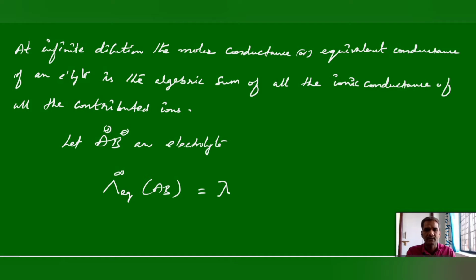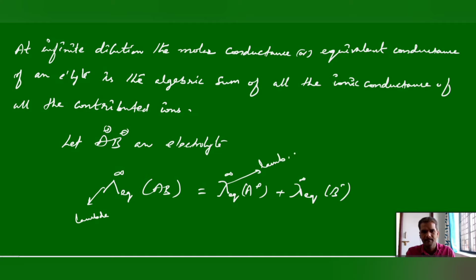So the ionic conductance of A plus at infinite dilution plus the ionic conductance of B minus at infinite dilution. Here we also call this lambda, as we already know, and this also is called lambda. This lambda represents ionic conductance and this lambda represents molecular conductance. A small difference.